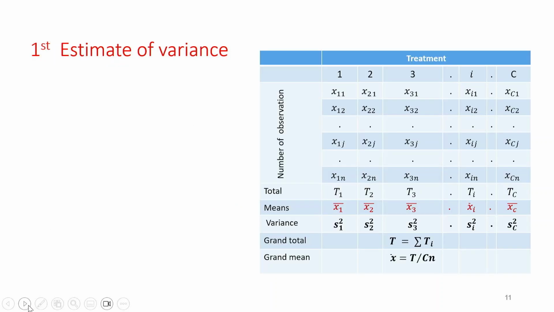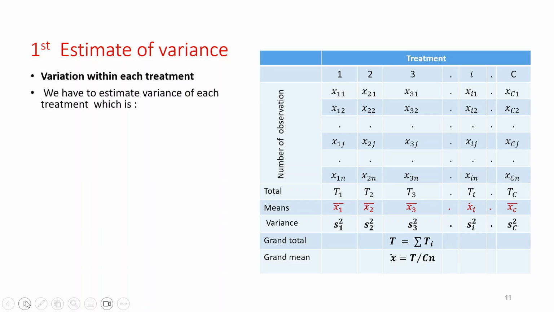We again go back to the table which you have seen earlier. The same table we are writing here. Now here you see how we calculate the first estimate of variance. We said there are two ways to estimate the variance. One is variation within treatments. Within treatments, this is treatment 1 and these are the values: x11, x12, x1j, up to x1n. What is the variation between these values?